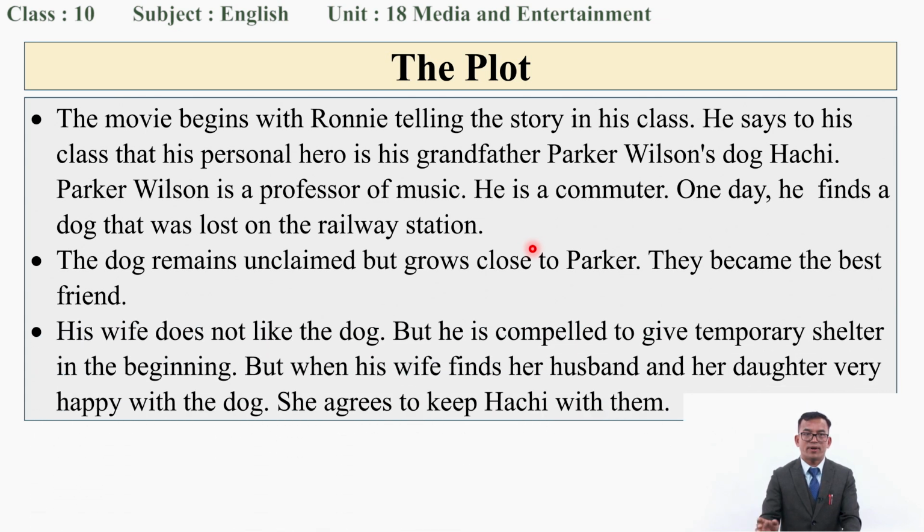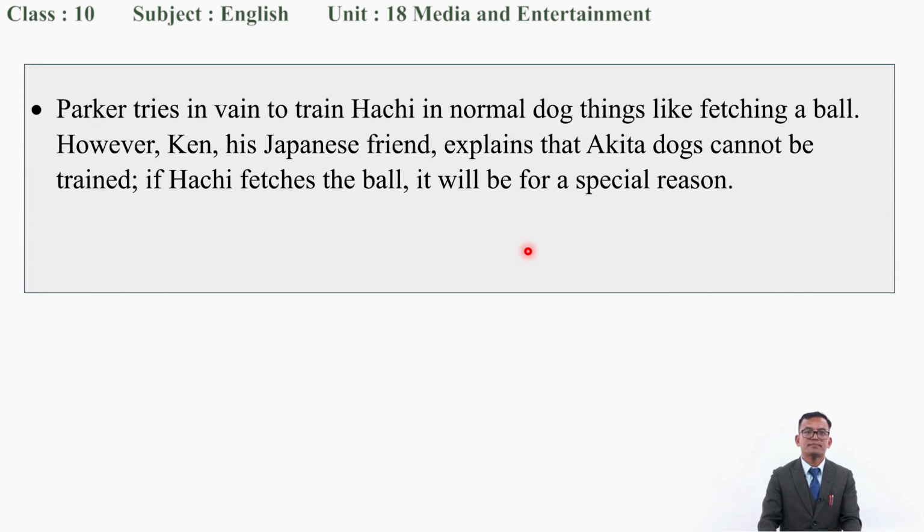But his wife, Kate, does not like dogs, and Parker is compelled to give temporary shelter in the beginning. But Kate finds her husband and her daughter very happy with the dog, so she agrees to keep Hachi with them.